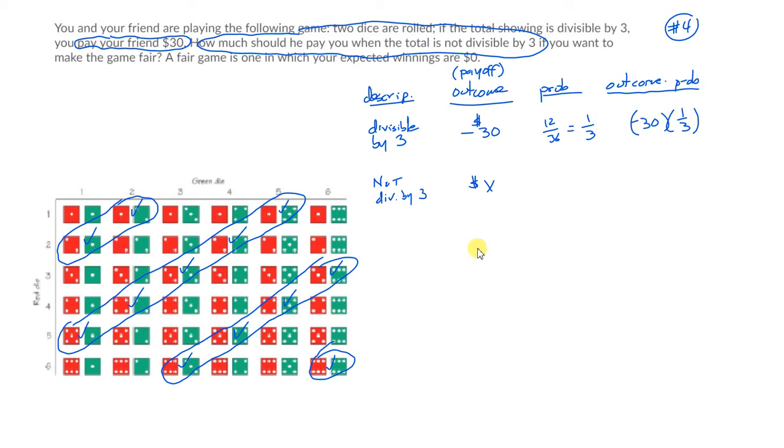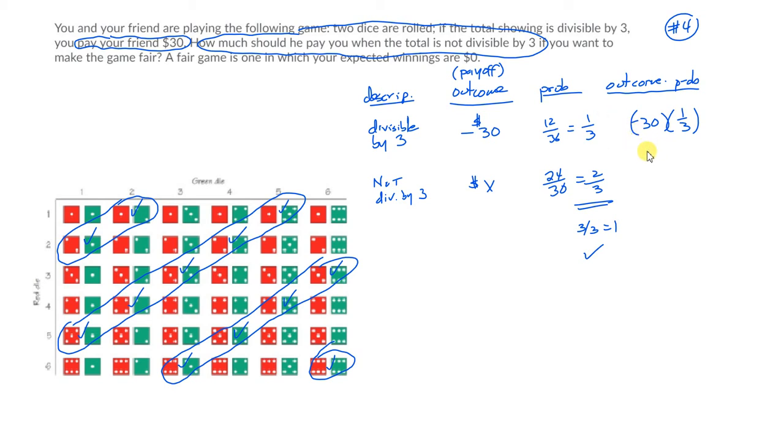Now, I do know the probability. If 12 outcomes are divisible by 3, all the other ones are not. So how many remaining outcomes are there? Obviously 24 of them. And if we reduce that, we get 2/3. And notice if I add up these probabilities, I get 1/3 plus 2/3 is 3/3, or 1, which means I've accounted for everything. Your probabilities always have to add up to 1, otherwise you don't have a complete problem.